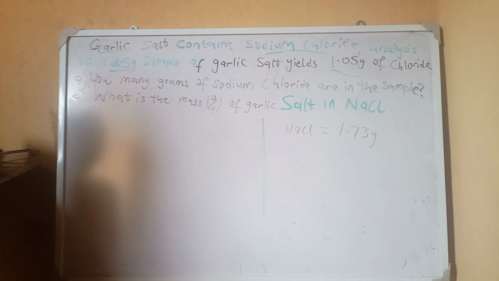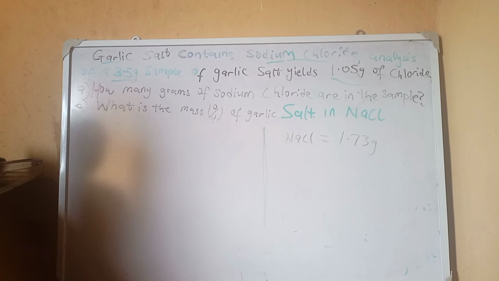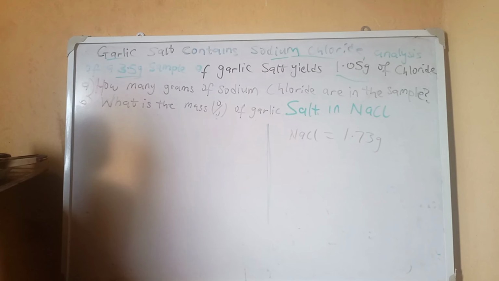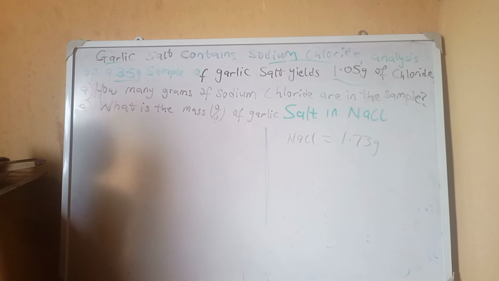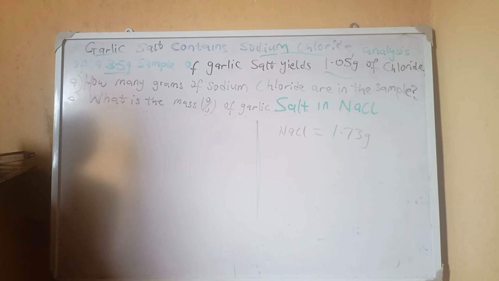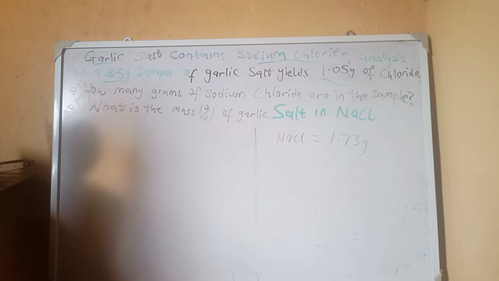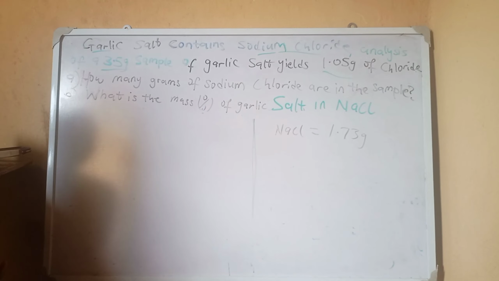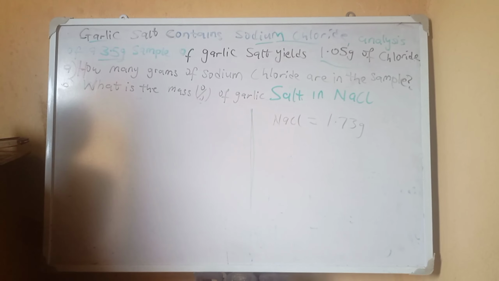Alright, we have gotten the mass of sodium chloride that is in the substance of garlic salt. And question B is, what is the mass in percentage of garlic salt in sodium chloride? That's the mass of the garlic salt in sodium chloride.